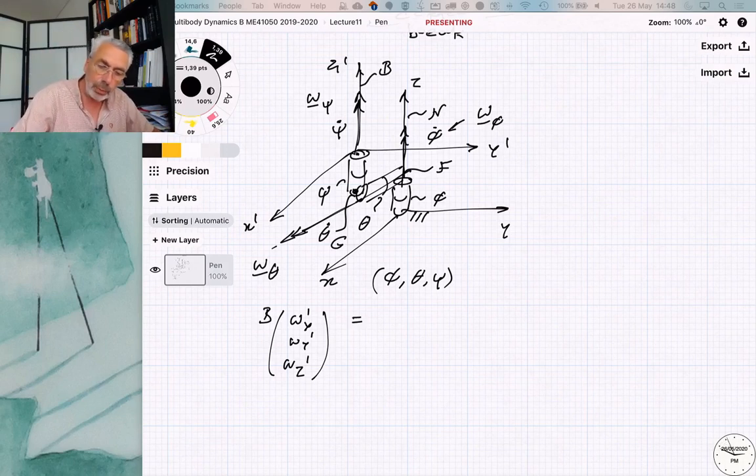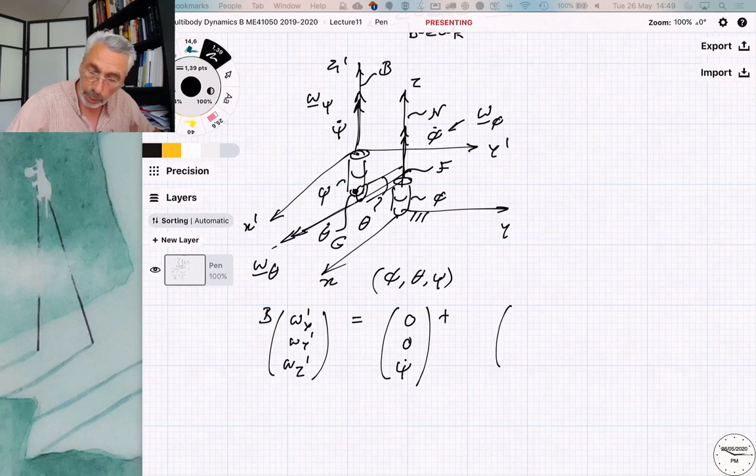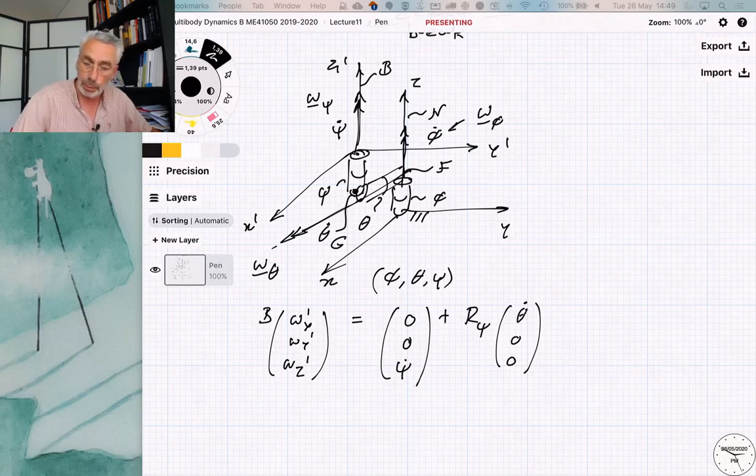Well, okay, so then we have to travel from this to this system, and then the first thing we encounter is this psi and the psi dot, and it's about the z-axis, and nothing changes there. So that's correct, right? Then the second hinge we encounter is this theta dot, and it's about the x-axis, so it's a theta dot, but we have to get it back into this coordinate system. So we need a transformation of R phi, but we need the backwards transformation, so we need to transpose that one.